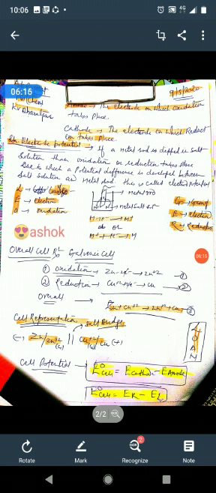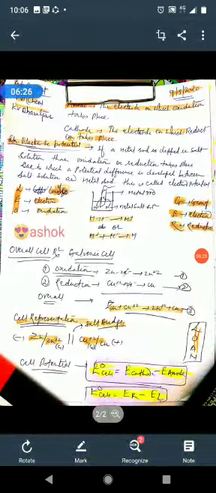The double vertical line in this diagram represents the salt bridge, where C1 and C2 are the concentrations of Zn2+ and Cu2+ respectively. The cell potential of any cell can be given as E°cell equals E°cathode minus E°anode, that is, E°cell equals E°R minus E°L, where R is right and L is left. R means cathode, L means anode.